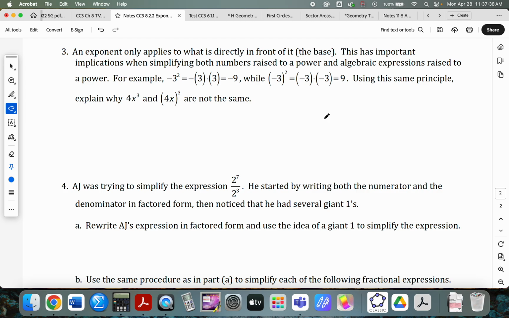We talked a little bit about this last week also. Remember that an exponent only applies to what's directly in front of it. That is the base.